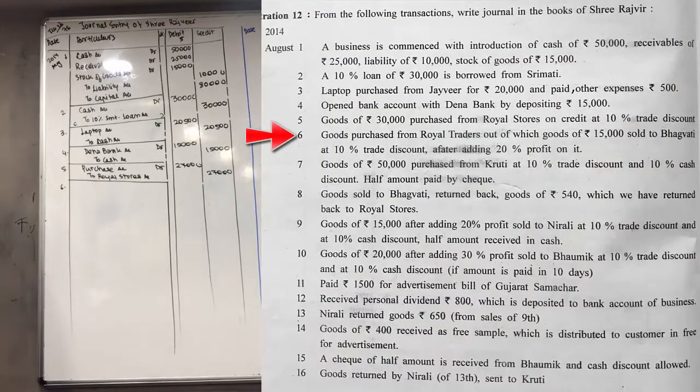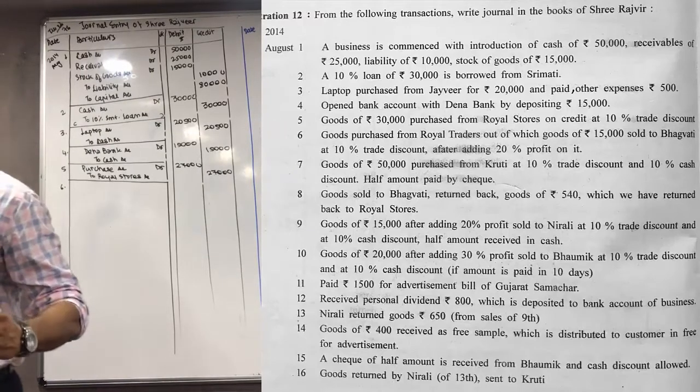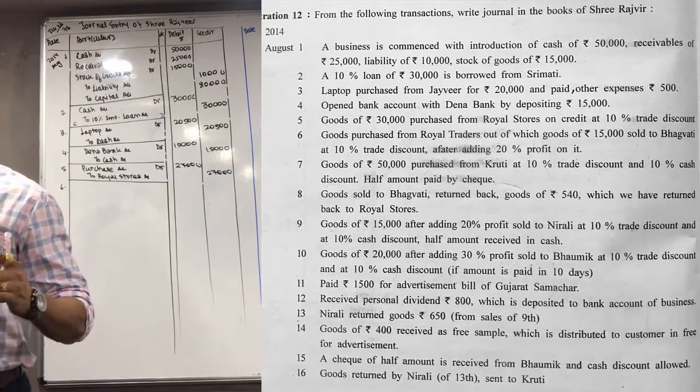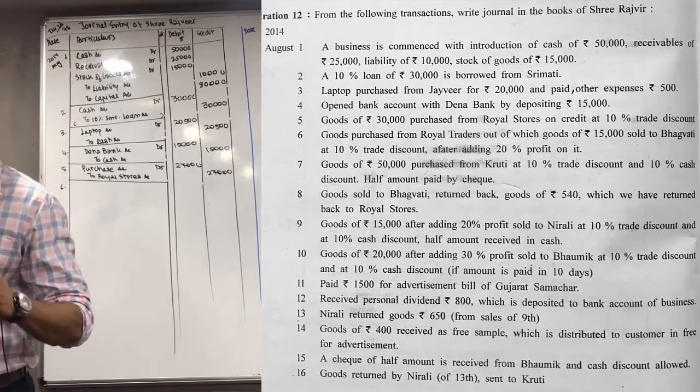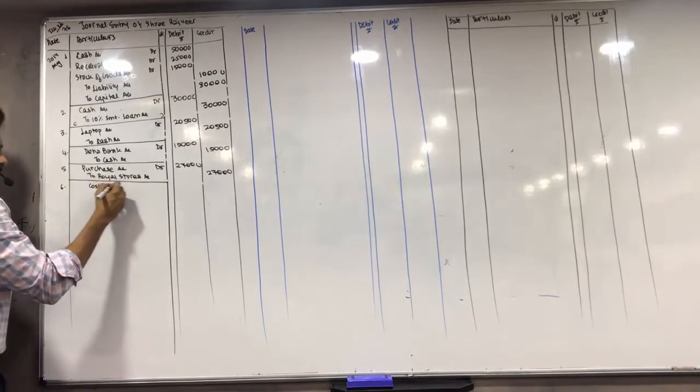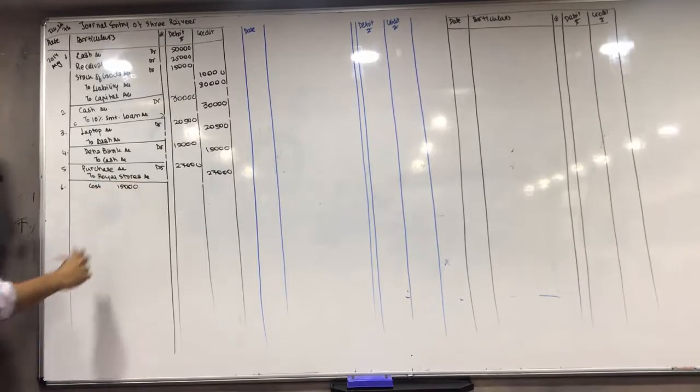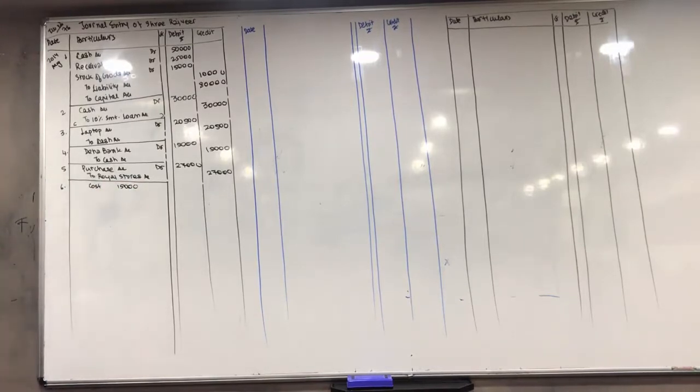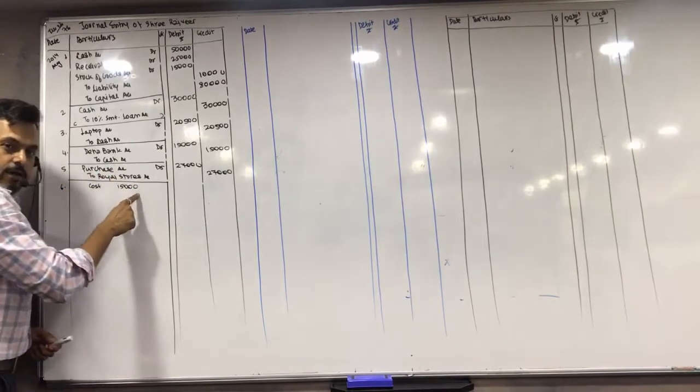Goods purchased from Royal Traders, out of which goods of 15,000 sold to Bhagwati at 10% trade discount after adding 20% profit on it. Goods of costing 15,000 which we purchased from Royal Stores.